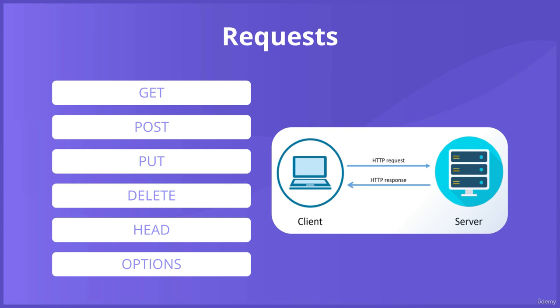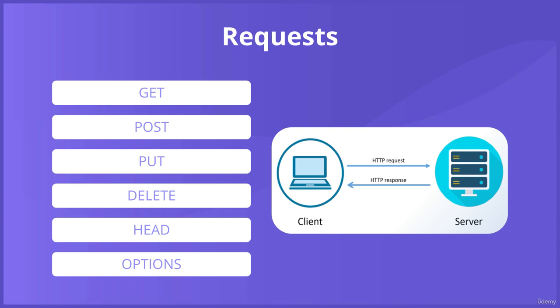HTTP, Hypertext Transfer Protocol requests, are messages sent by a client to a server to initiate an action. Now, there are several types of HTTP requests, each serving a particular purpose. GET requests data from a specified resource. POST submits data to be processed to a specified resource.